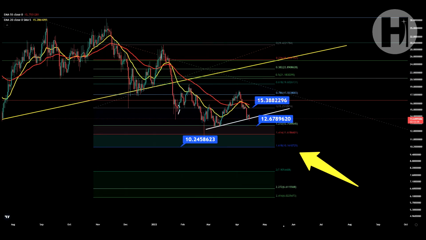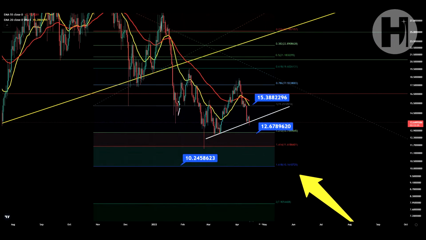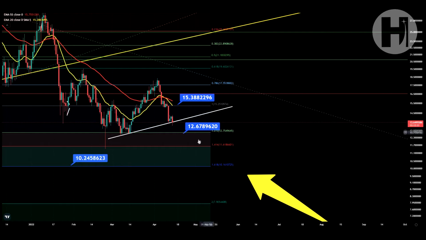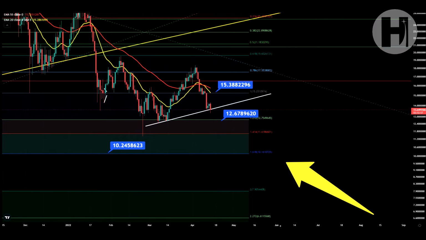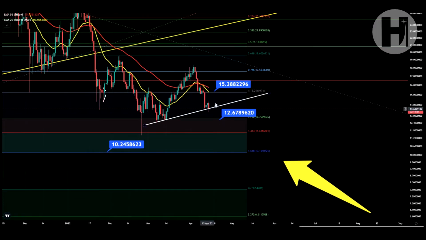So like I said, target $10.20 if you're going to see Bitcoin start pulling back below $35,000. But if we don't lose this white trend line, I wouldn't look for the 1.272 bounce, but that would, like I said, be at play if we lose the white trend line.